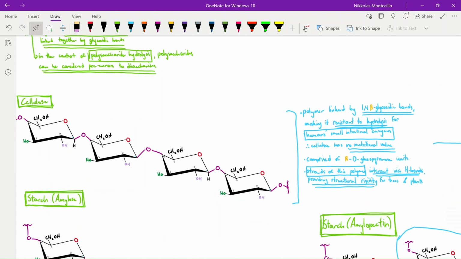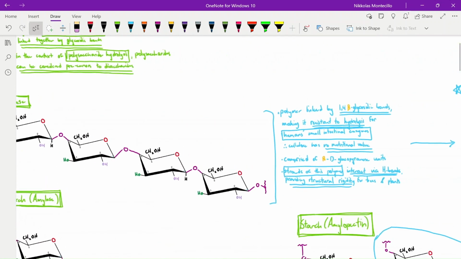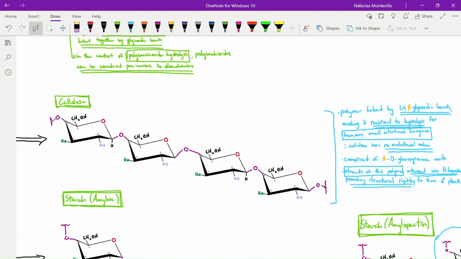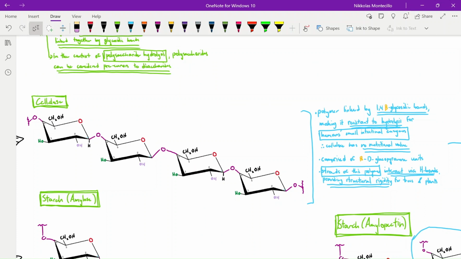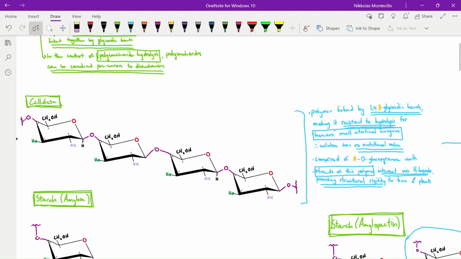Cellulose is a polymer linked by 1,4 beta-glycosidic bonds, making it resistant to hydrolysis by human small intestinal enzymes, and therefore cellulose has no nutritional value, because the small intestine of the human lacks enzymes necessary to break cellulose down into cellobiose, or into smaller units, right? Cellulose is comprised of beta-D-glucopyranose units, and strands of this polymer interact via hydrogen bonds, providing structural rigidity for trees and plants.